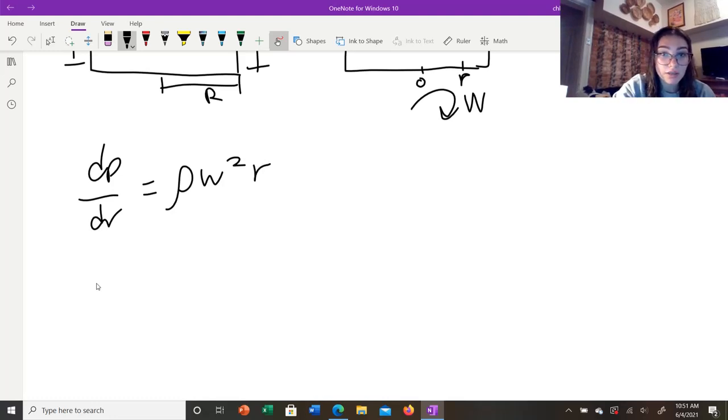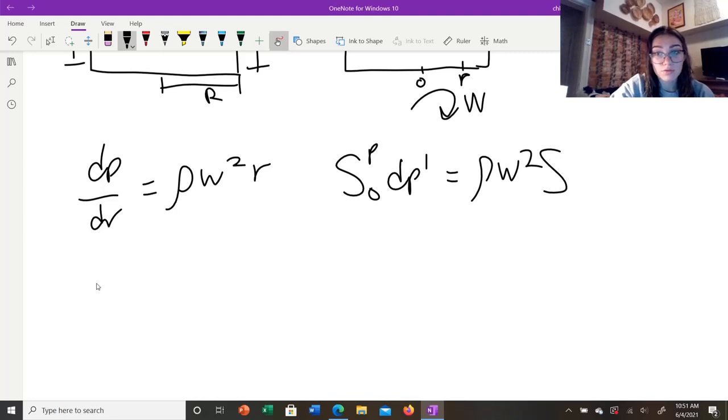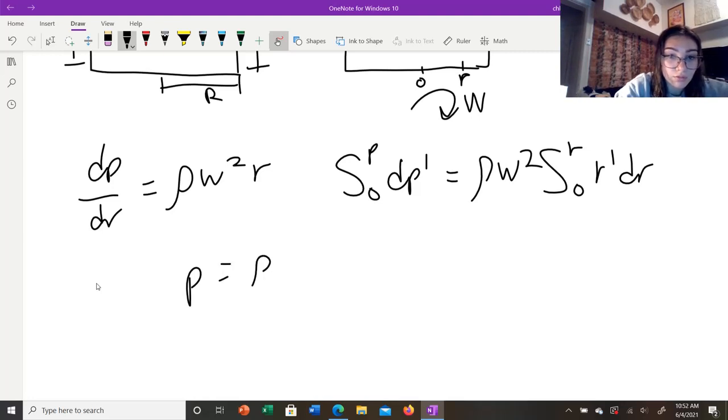We integrate from 0 to P, using dummy variable P prime, equals, pulling out the rho W squared, the integral from 0 to r of r prime dr. From here we have P equals rho W squared r squared over 2.